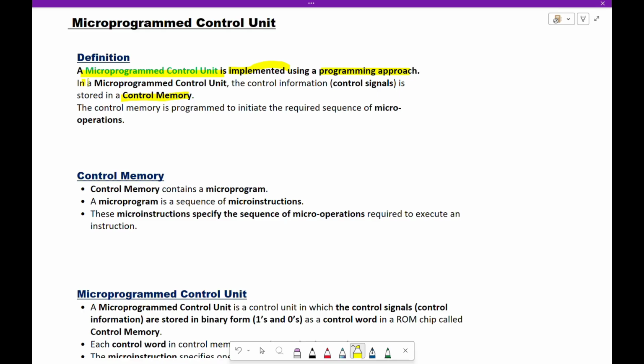In a microprogrammed control unit, the control information is stored in control memory.